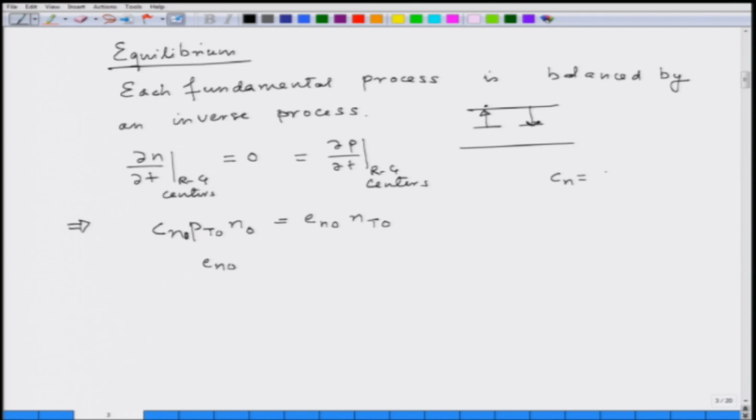C_n is known as the electron capture coefficient, and E_n is the electron emission coefficient.